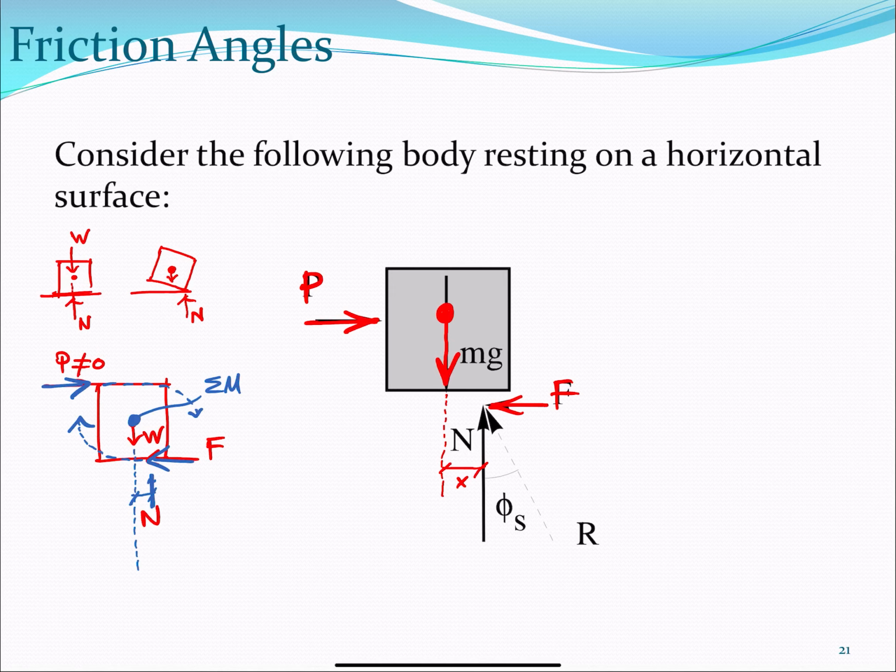If the normal force moves this way, it can create a counteracting moment to P and F. So the normal force has to move, and it will move.